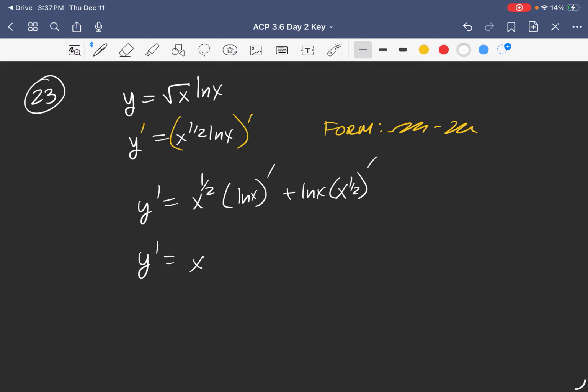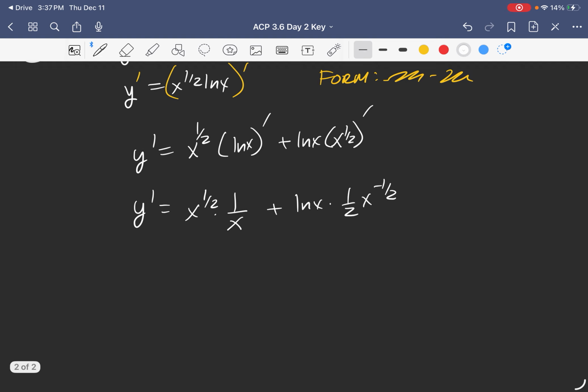So that means the derivative of ln x is 1 over x, and the derivative of x to the 1/2 is 1/2 x to the negative 1/2. So it's 23.